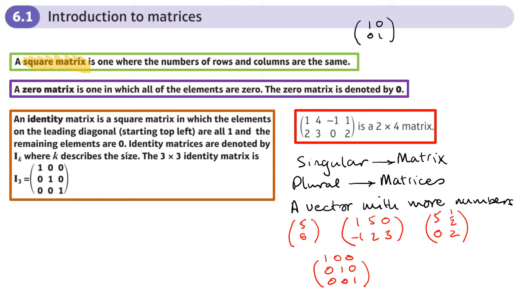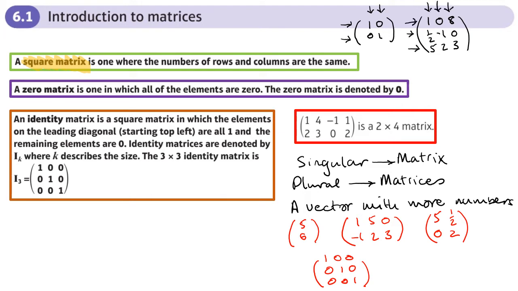It's got 2 columns and 2 rows. Here's another one, 1, 0, 8, a half, negative 1, 0, 5, 2, 3. It's got 3 rows, 3 columns.